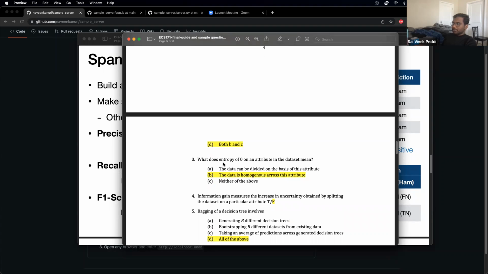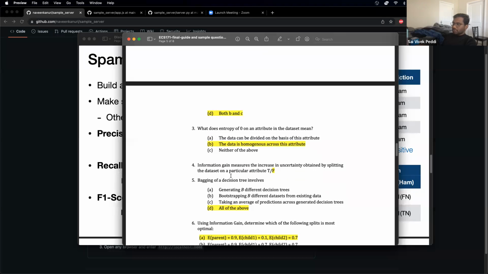What does entropy zero of an attribute in the data set mean? If the entropy is zero, it has no randomness in the entire attribute. That means the data is homogeneous across this attribute. Information gain measures the increase in uncertainty obtained by splitting the data set on a particular attribute.